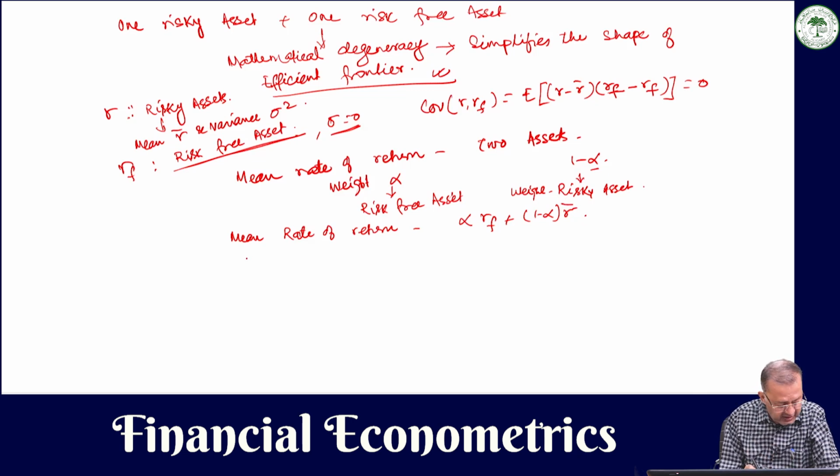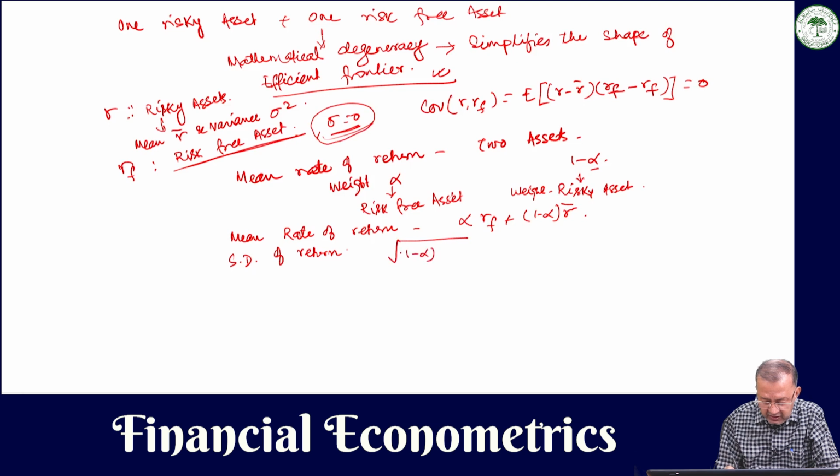And what about the variance or the standard deviation? Sigma in this case is equal to 0 for the risk-free asset, so the variance will be equal to 1 minus alpha square sigma square, which gives the standard deviation 1 minus alpha into sigma.